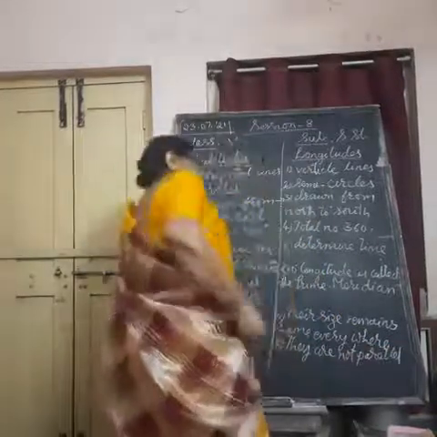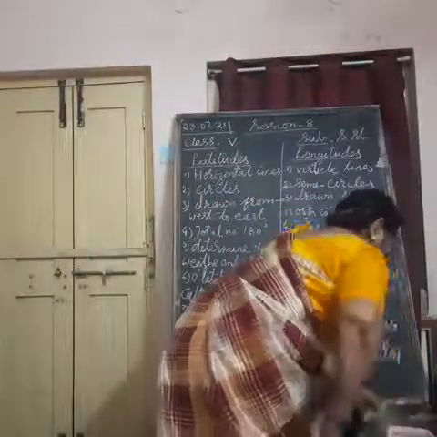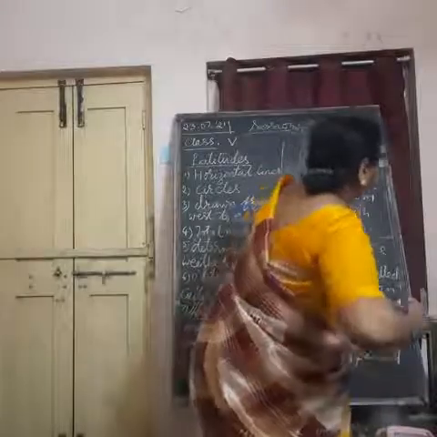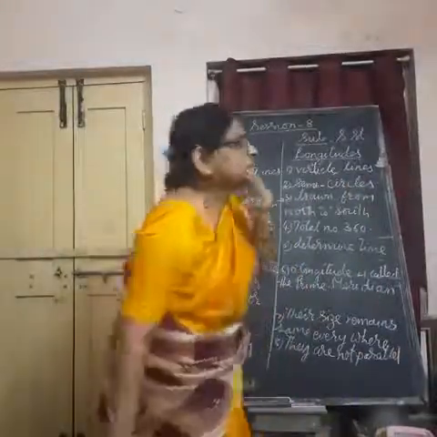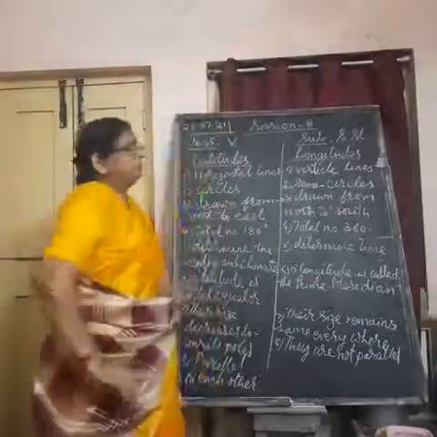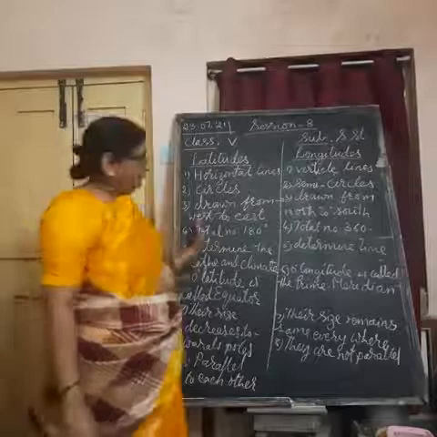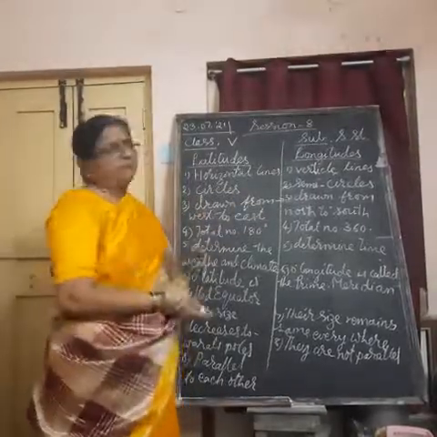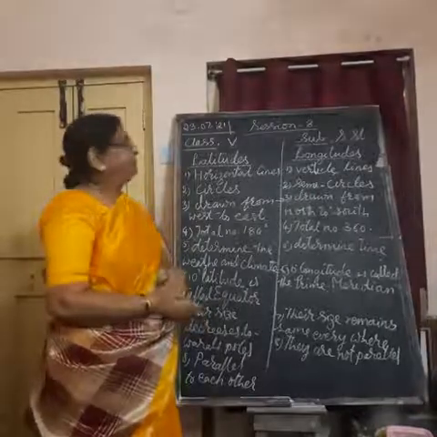So these are the differences between the latitudes and longitudes. Okay, so when we compare both of them, after this I will show in the form of a diagram also how they look different.